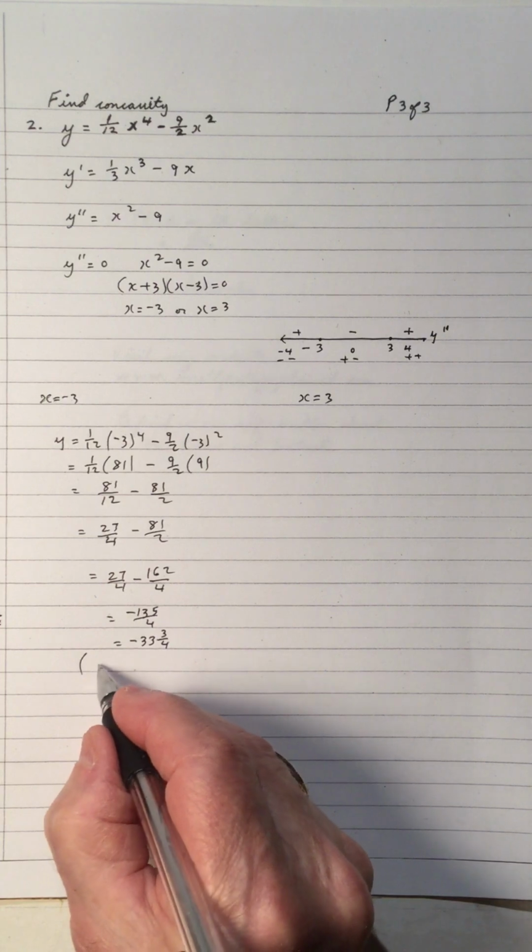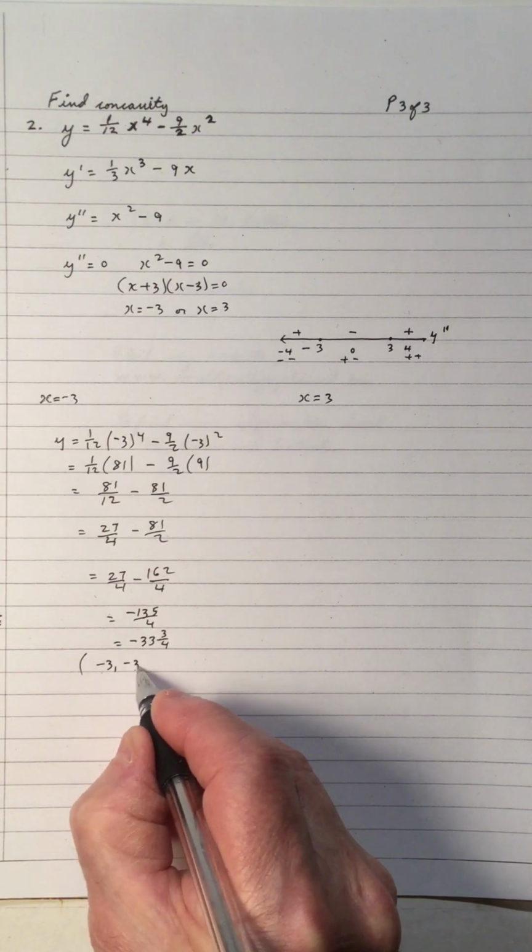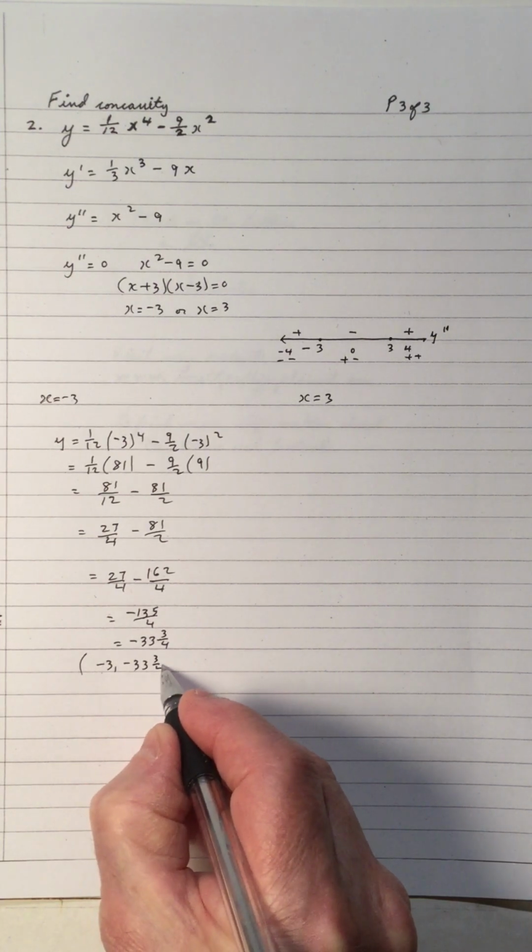So this point is negative 3, negative 33 3/4.